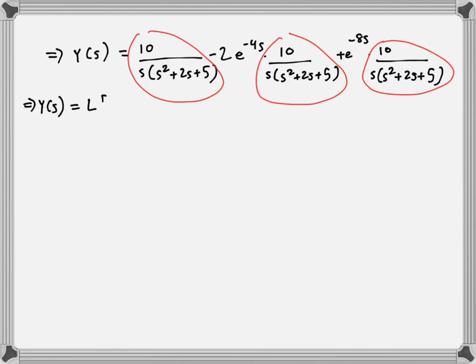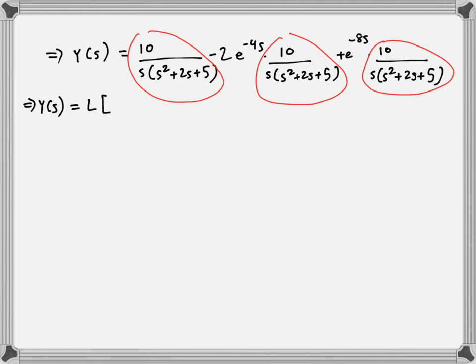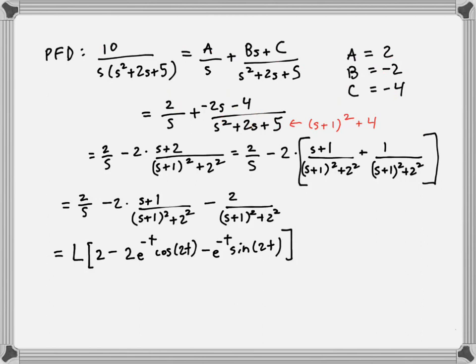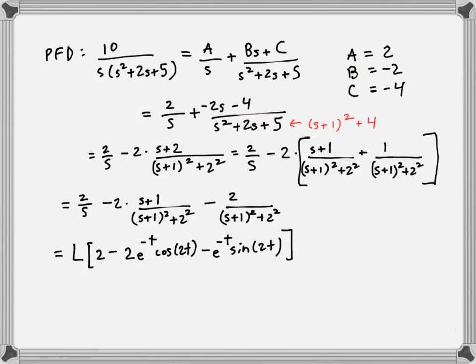The Laplace of 2 minus 2e to the negative t cosine 2t, and then minus e to the negative t sine 2t.